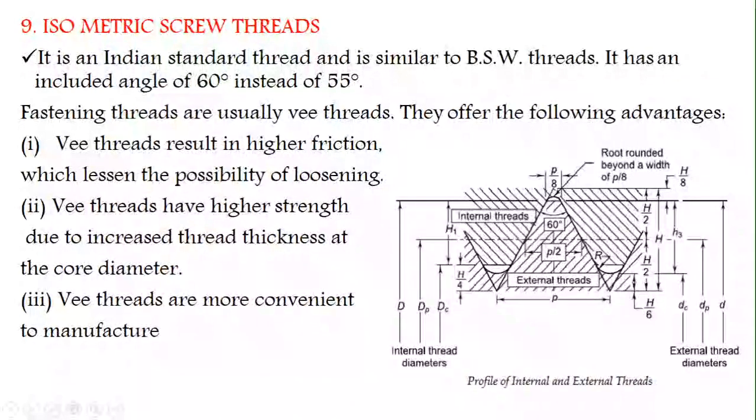The profile of the isometric screw thread is shown here. This is the profile of isometric thread. It consists of an equilateral triangle with a thread angle of 60 degrees. This is the metric thread.